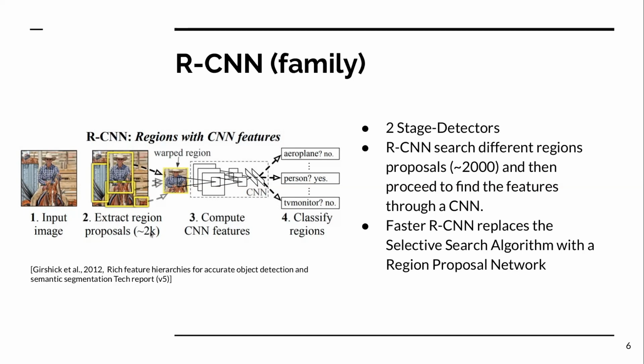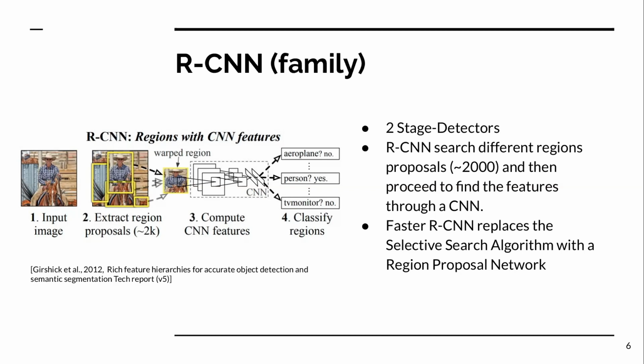In Faster R-CNN, they remove the selective search algorithm completely and use new neural networks, so that there are two neural networks: one for searching the different regions of interest, and the second one to confirm or classify what kind of object every single one of these regions of interest is.